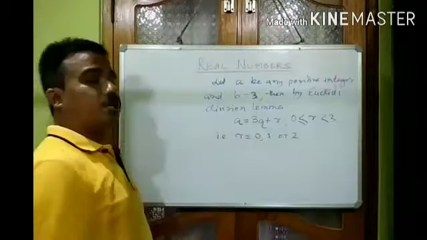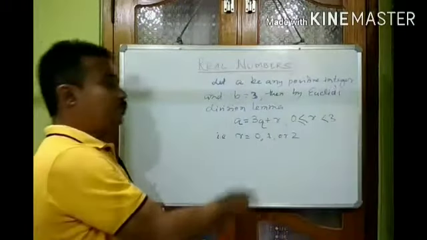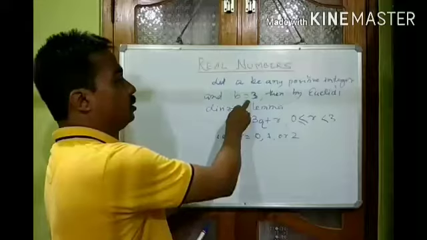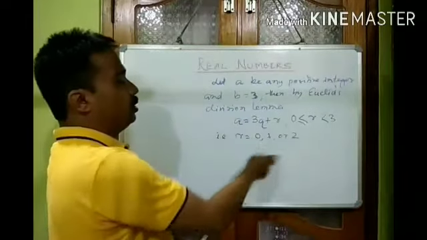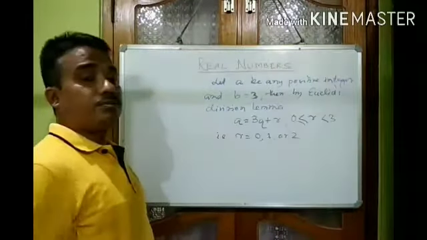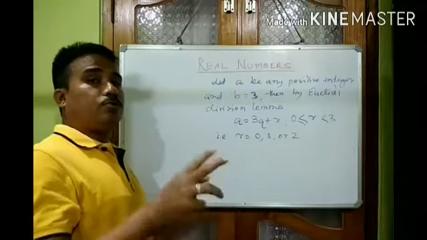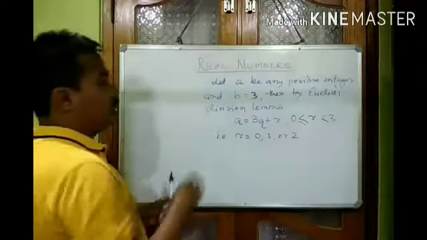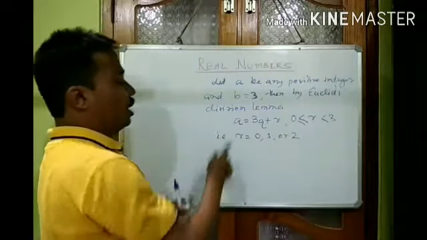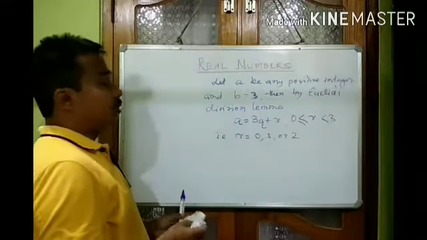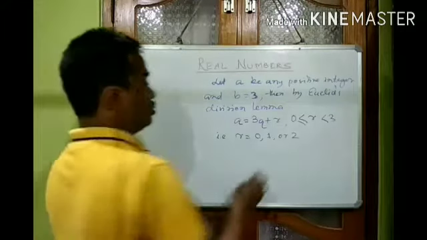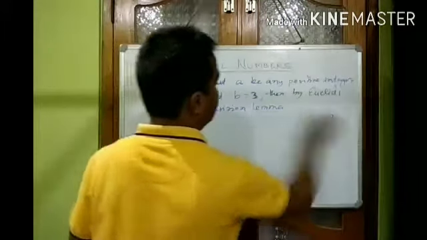Any positive integer can be written as 3q, 3q plus 1, or 3q plus 2. If b is 4, then a can be written as 4q, 4q plus 1, 4q plus 2, 4q plus 3, and so on. So here, since b is equal to 3, a can be written as 3q, 3q plus 1, and 3q plus 2.